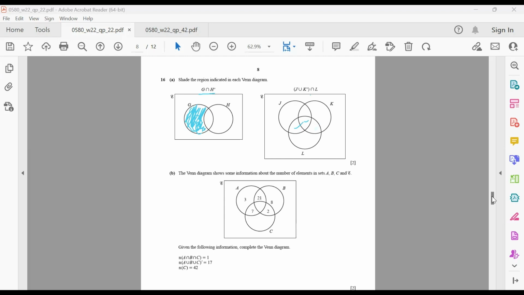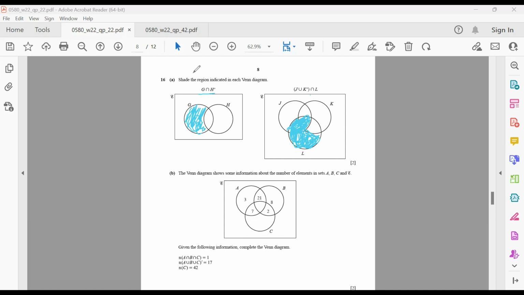So we know that it is K naught, so we can delete the intersect where it shows in K. Now J union K would be the shading of the entirety of J and K. Since it's K naught, we would only shade this part and this one because it's intersecting with L. Since it's intersecting with L, as we saw in this question here, wherein G intersects with L, we also shade the entirety of L because it is intersecting with K naught. So that is your answer for the second one.